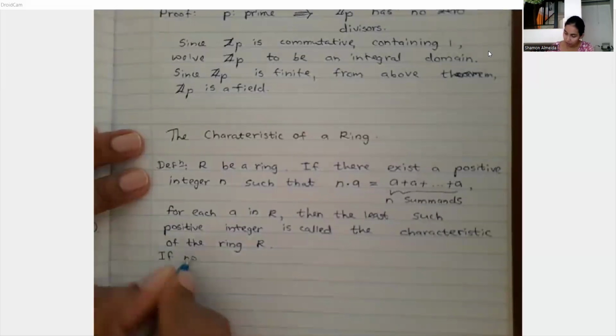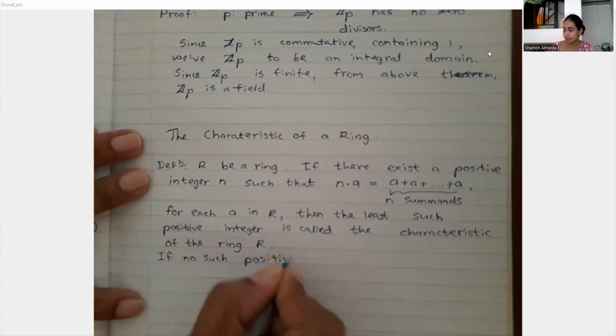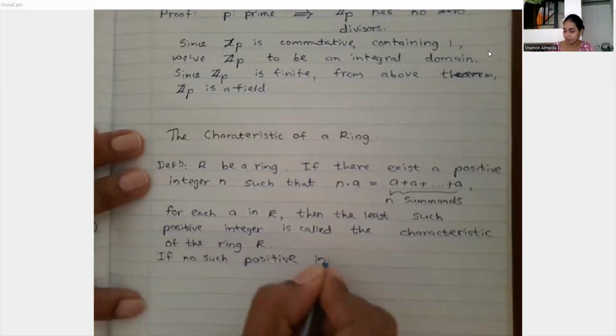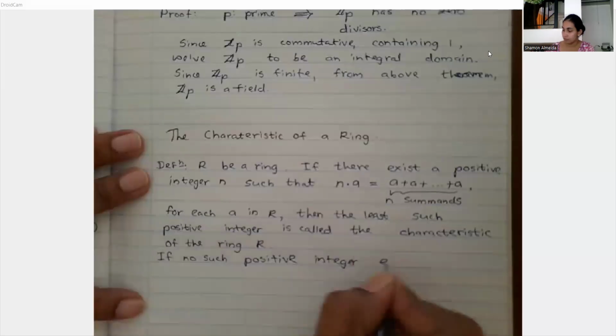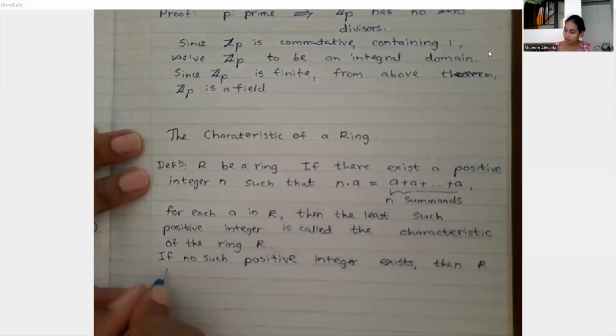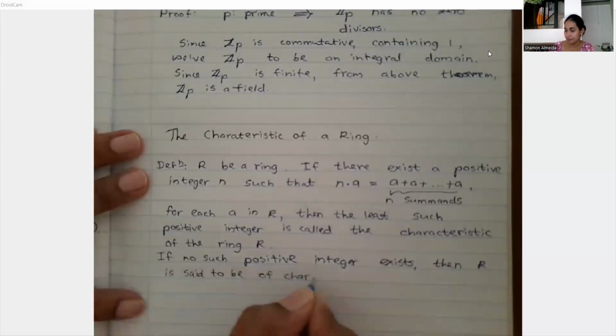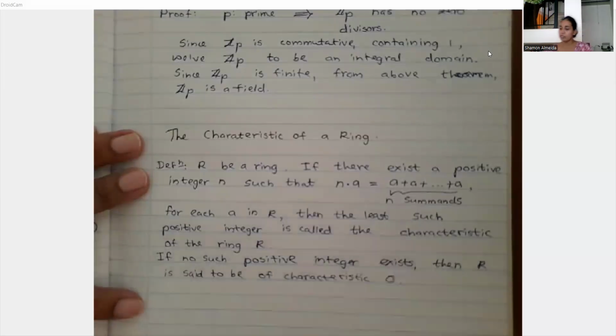If no such positive integer exists, then R is said to be of characteristic 0. Okay, let's go over the definition once again.